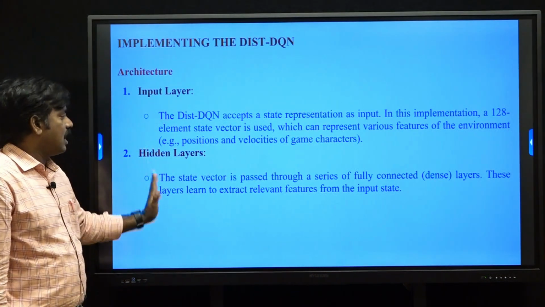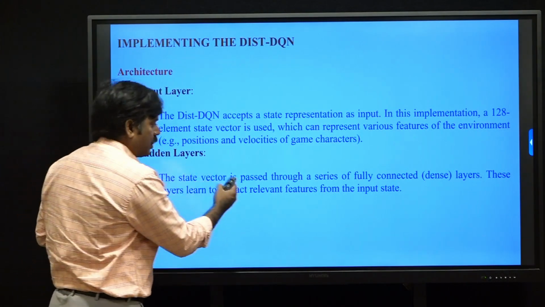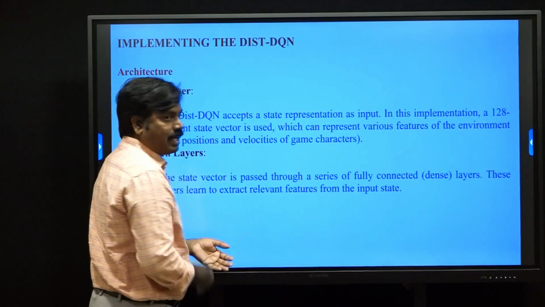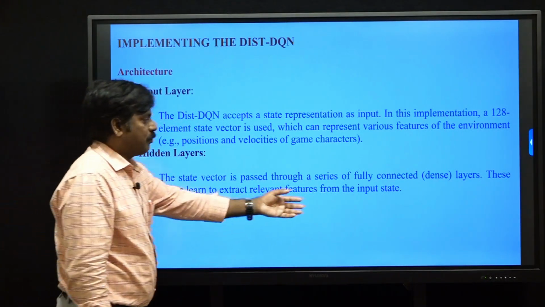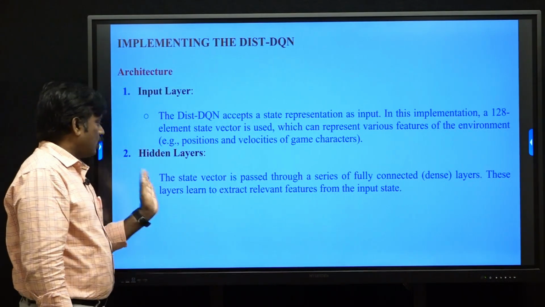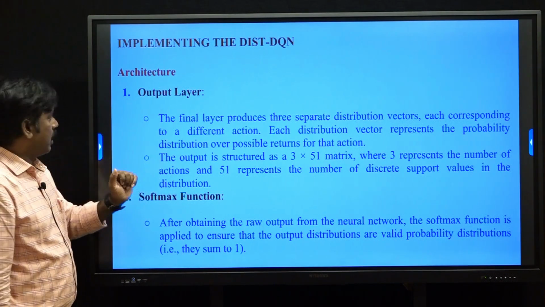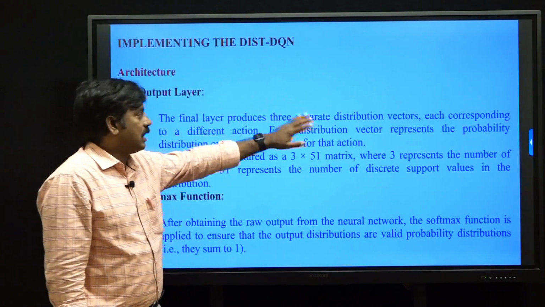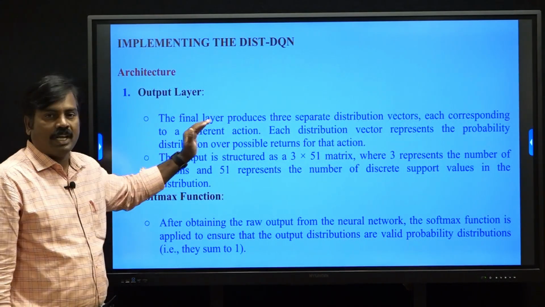The next one is the hidden layers, which receive the input from the input layer. The state vector is passed through a series of fully connected dense layers. These layers learn to extract the relevant features from the input state. The hidden layers then connect to the output layer. The final layer produces three separate distribution vectors, each corresponding to a different action.